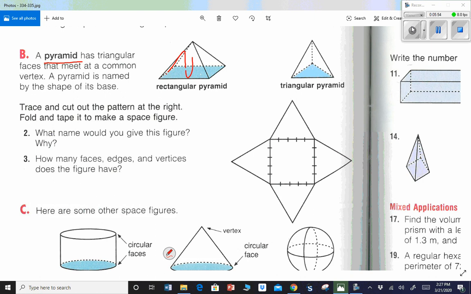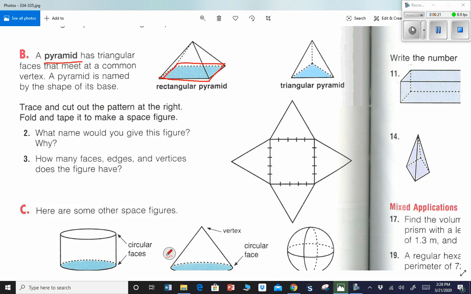You see that? Triangle, triangle, and there are two other triangles around the side. It has triangular faces that meet at a common vertex. So they've got a point at the top there. Okay, all those triangles came together there. That's called the vertex. And a pyramid is named by the shape of its base, just like the prisms were.